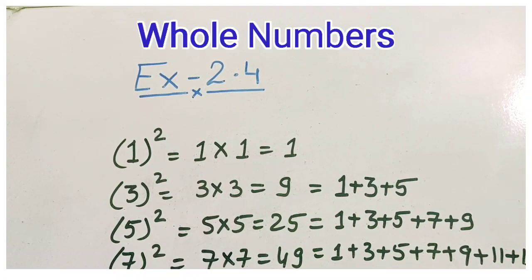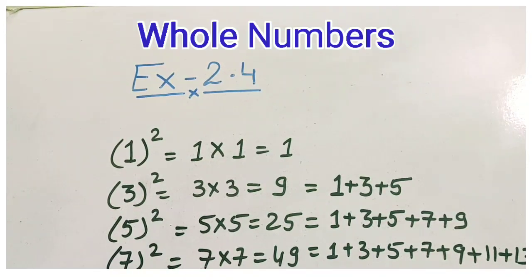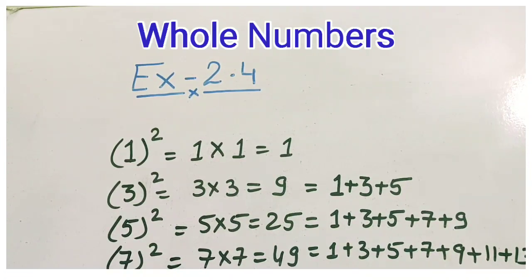Continuous odd numbers, 7 times. And if we add all these odd numbers, we will get 49 as the sum. So we can represent the square of any odd number as a sum of odd numbers. Clear? Can you make some patterns like this on this topic? Okay. Excellent बच्चों.